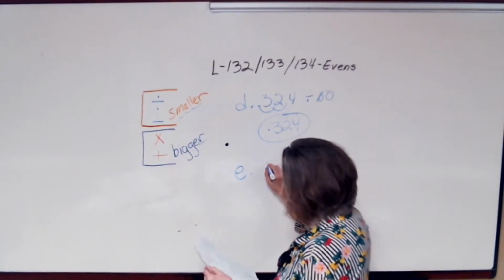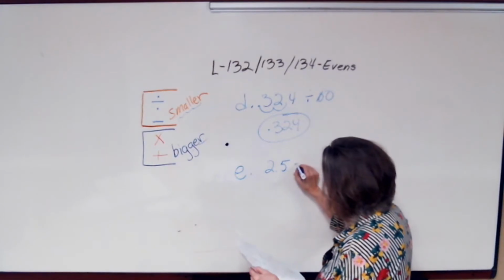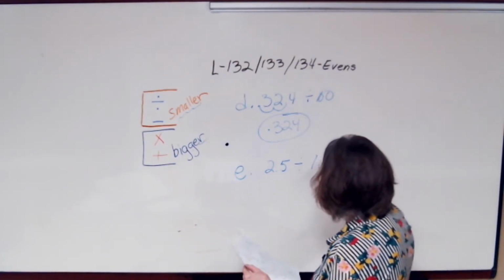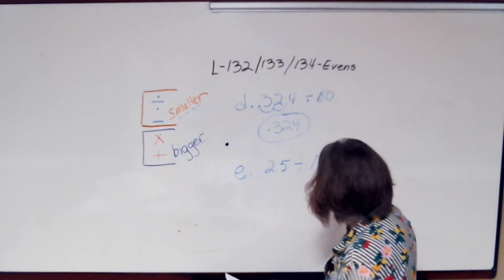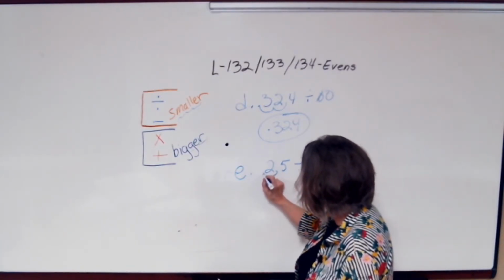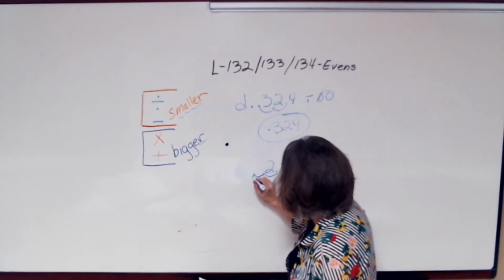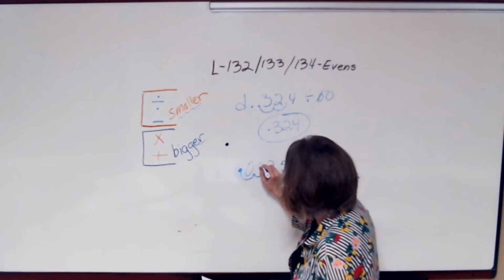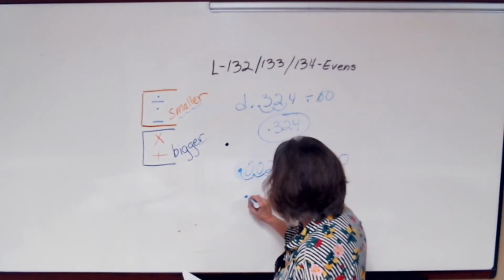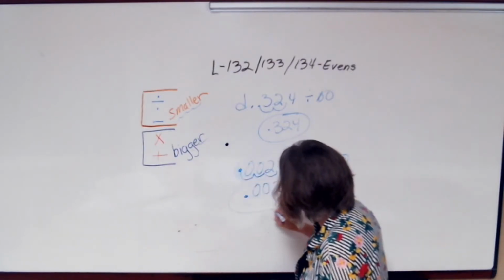This one's a little bit harder, we're going to go 2.5 divided by 1,000. So we have 1, 2, 3 spaces we're going to go over. So it's going to go 1, 2, whoops. I want you to rewrite it down below so I can see where you're putting your decimal.